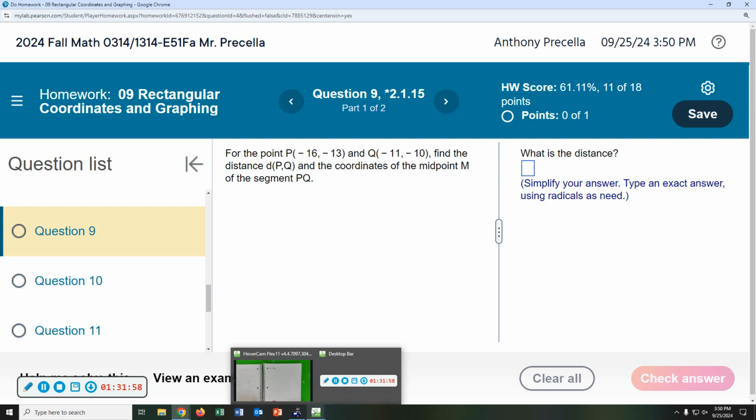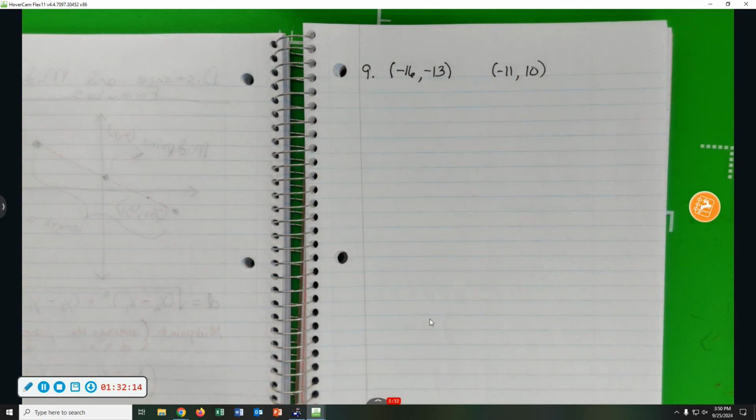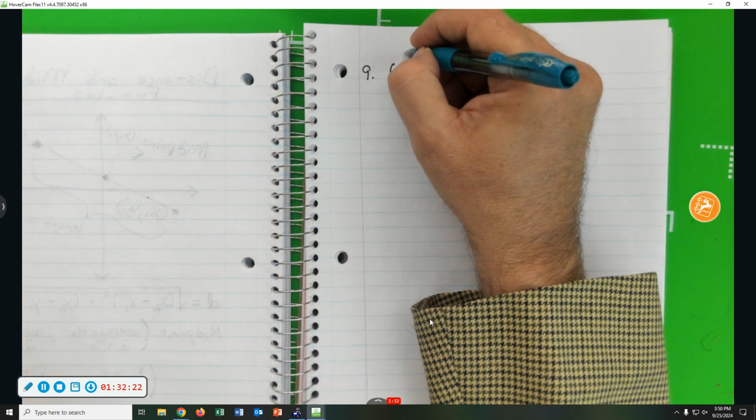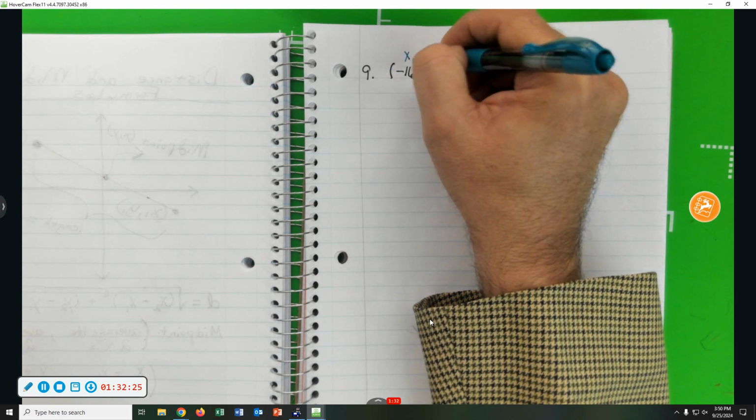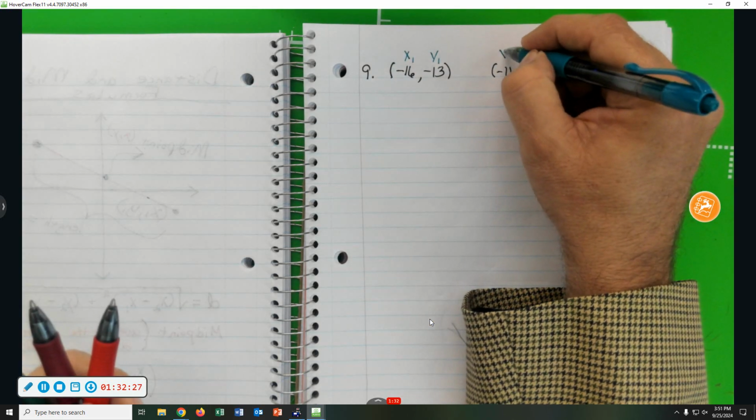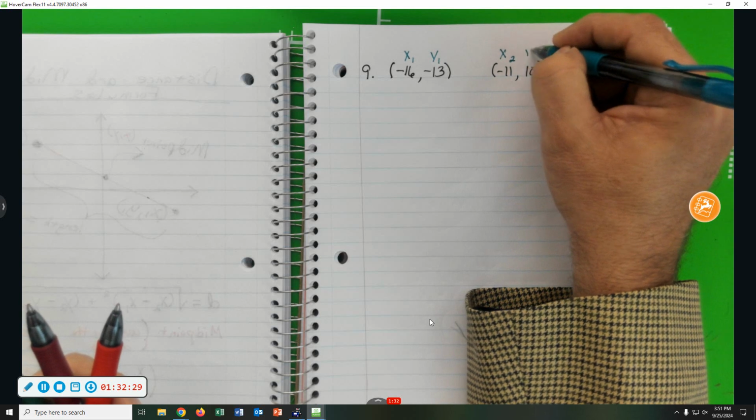I'm just writing down those points: (-16, -13) and (-11, -10). If y'all can picture those two ordered pairs, we're trying to find the distance between them. I'd identify the first ordered pair I write down, I'll label that x1, y1. The second ordered pair I'll label as x2, y2.